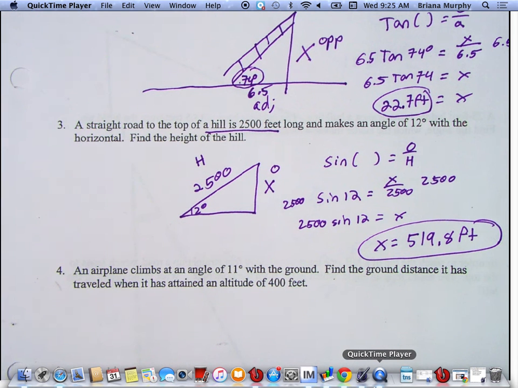We want to find the ground distance. Think about where that's going to be. Your ground distance when the height is 400 feet. Your altitude. Make sure you put the altitude as 400 feet. Good.